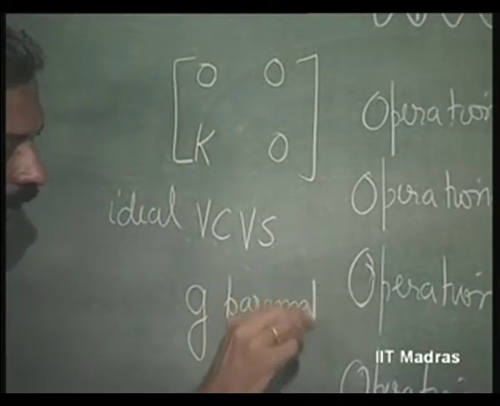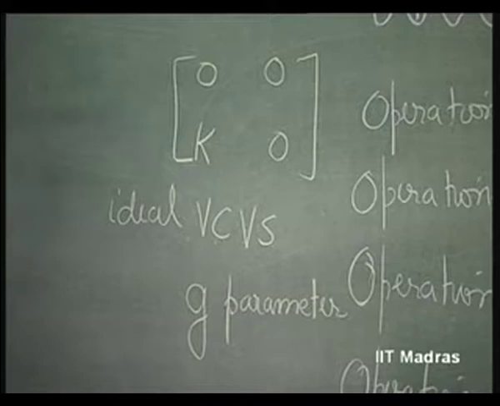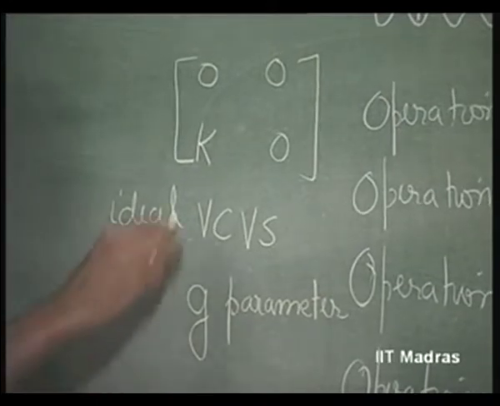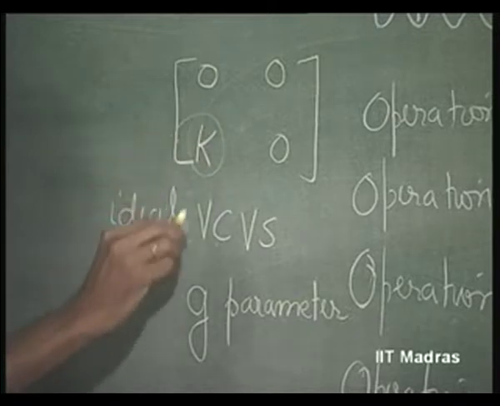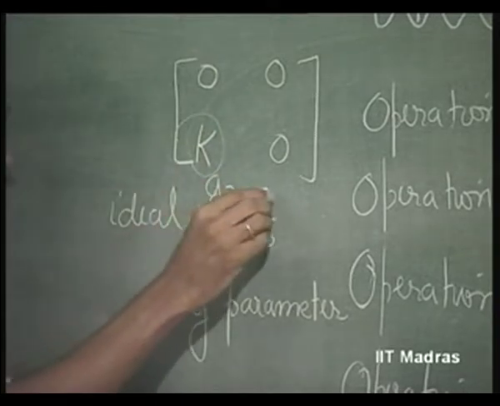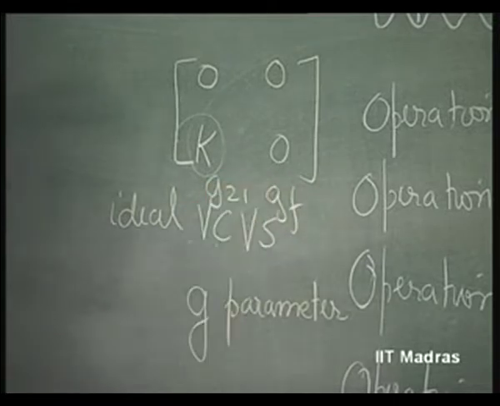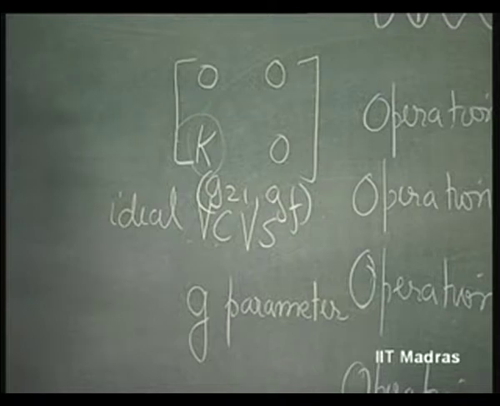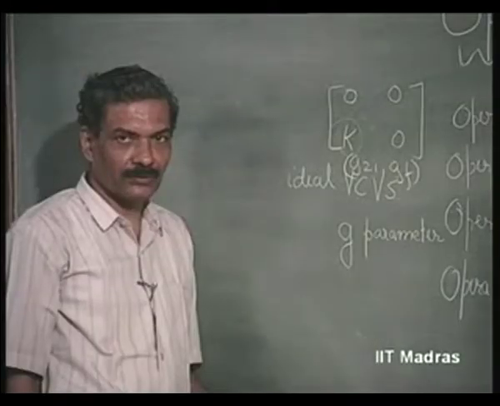There is no other way you can define an ideal voltage controlled voltage source. And this G parameter, which is called G21, or this is also called G forward, okay. This is nothing but open loop voltage gain, it is called voltage gain, voltage transfer ratio.